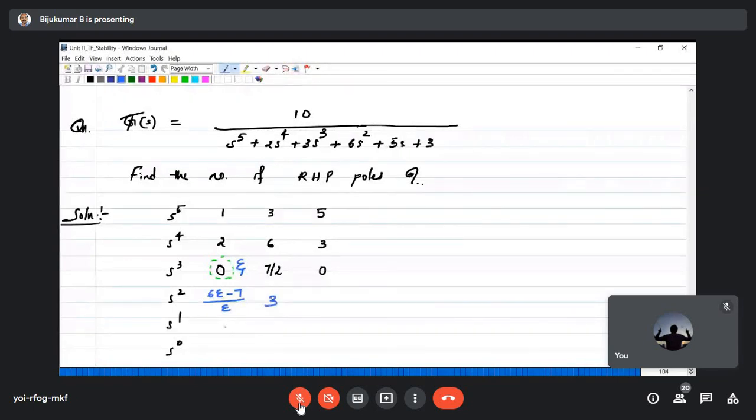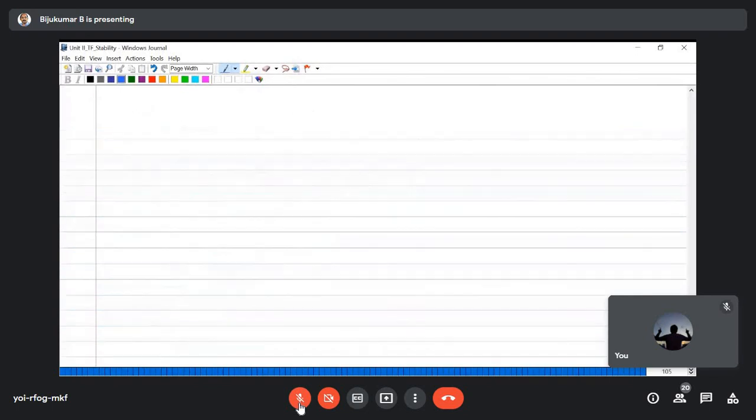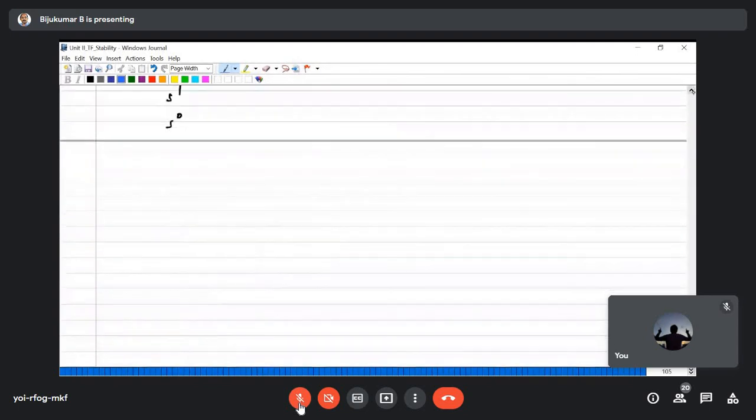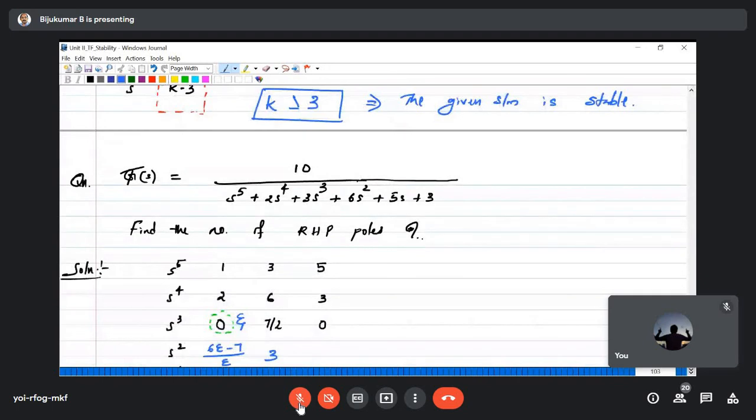What about this one? The element corresponding to s power 1.